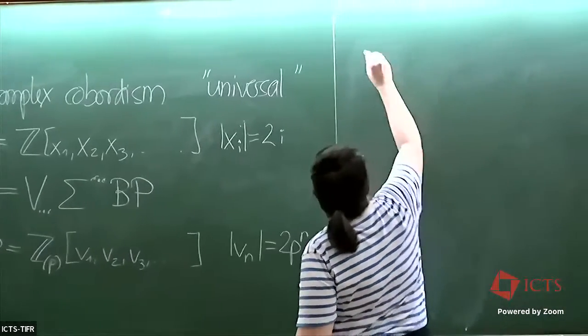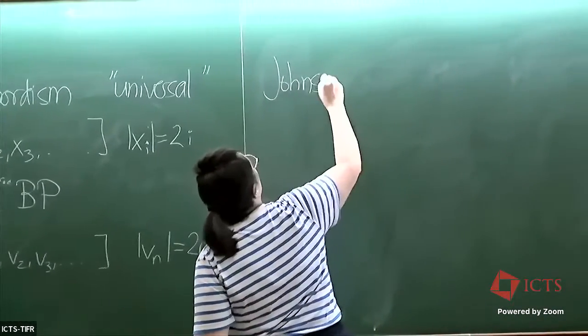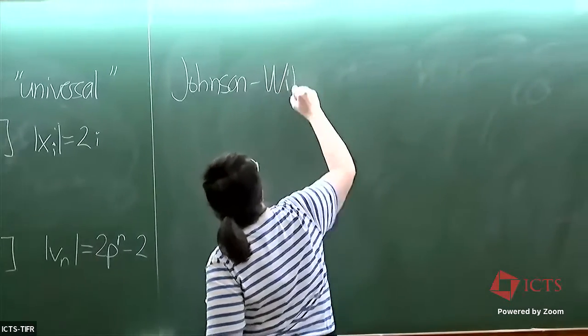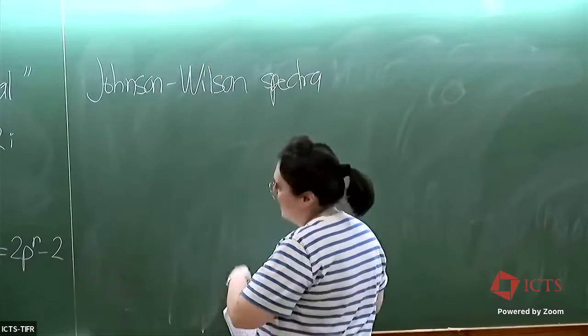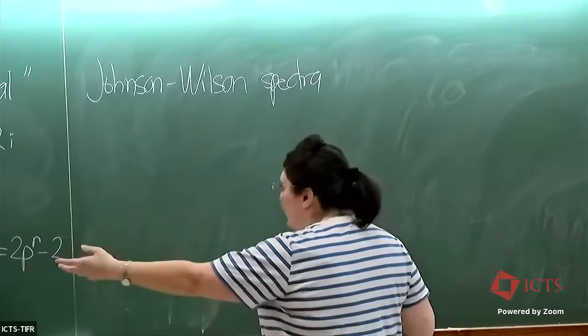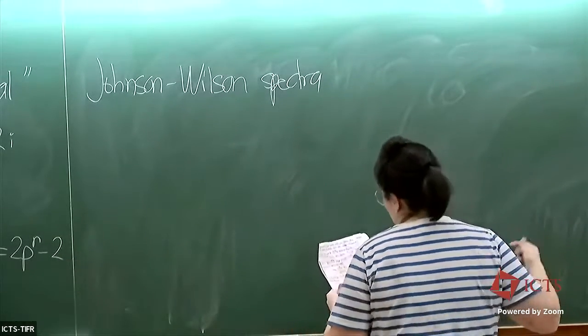So the E(n) are called the Johnson-Wilson spectra, because of course for each p and each n, you have one.